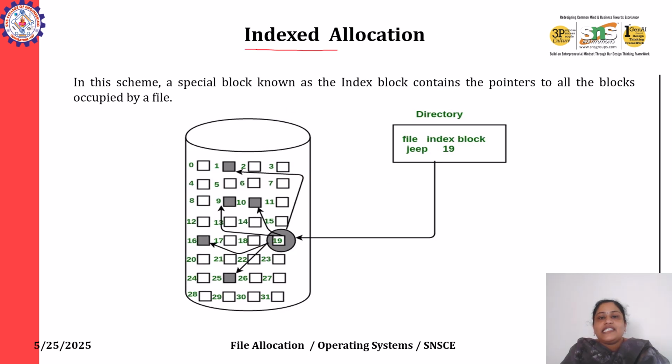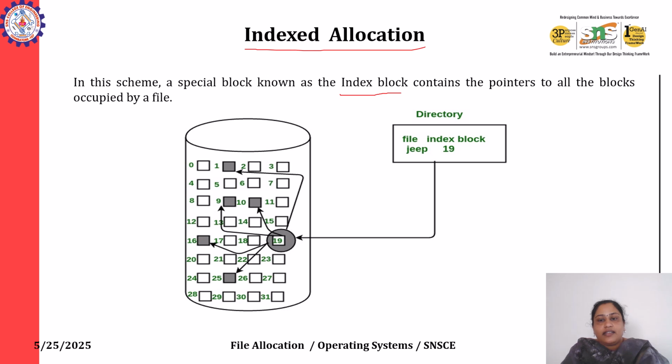Now we'll see the third allocation method, called indexed allocation. So what is indexed allocation? In this scheme, a special block called the index block contains the pointers to all the blocks that are occupied by a file. Remember that each file will have its own index block.